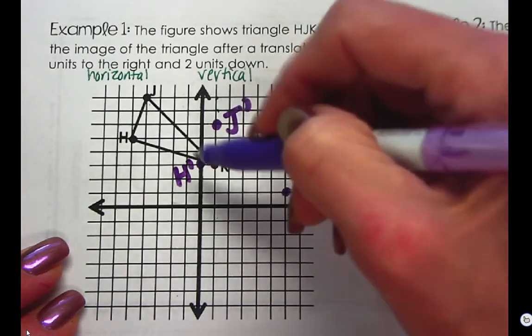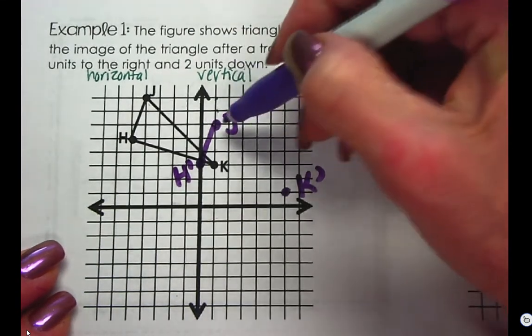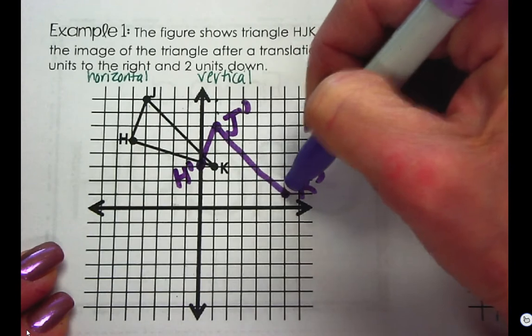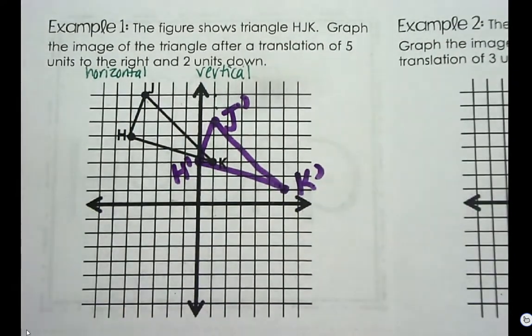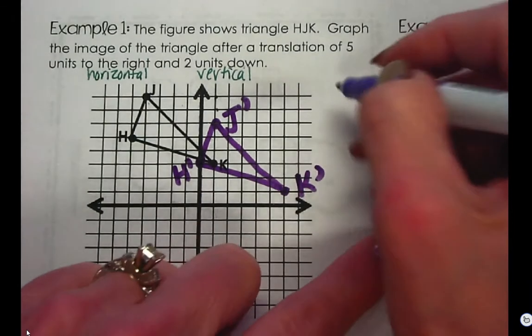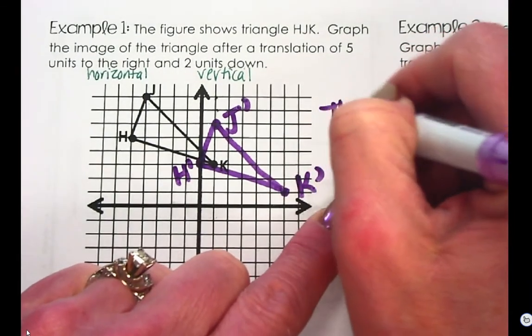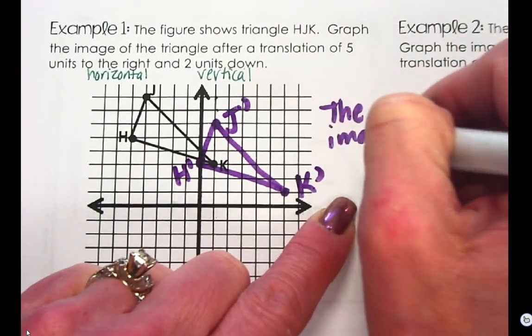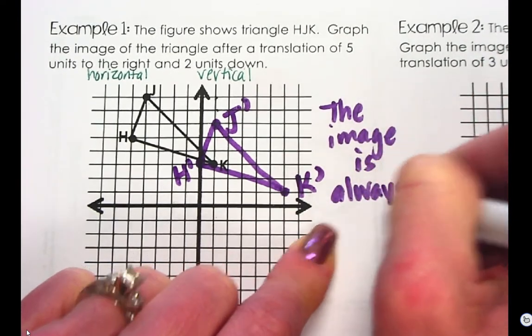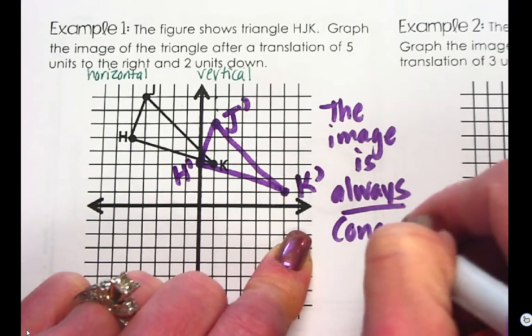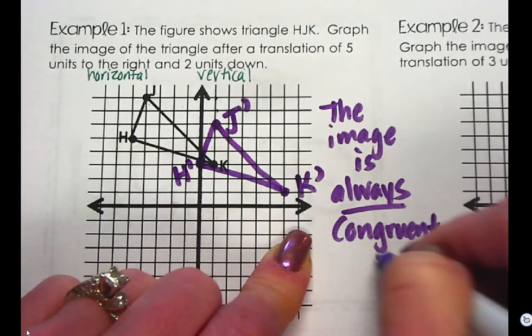Now once you've moved each of the points, then you can connect them to form your shape. And what you should notice about the new shape, the image, is that it's always congruent to the original.